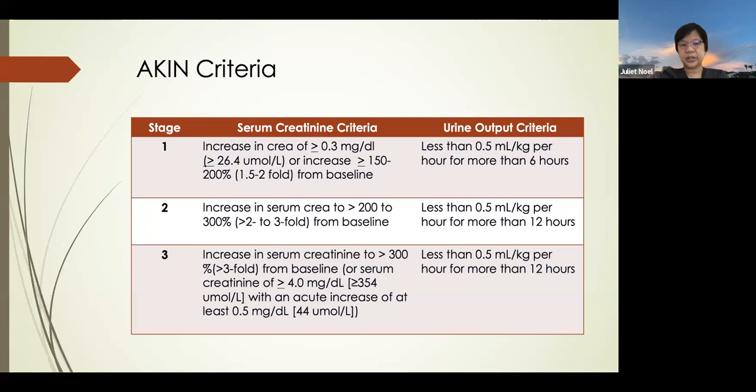And stage 3, increased serum creatinine more than 3-fold from baseline, or a serum creatinine of more than 4 milligrams per dL, with an acute increase of at least 0.5 milligrams per dL, and urine output of less than 0.5 ml per kilo per hour for the past 12 hours.